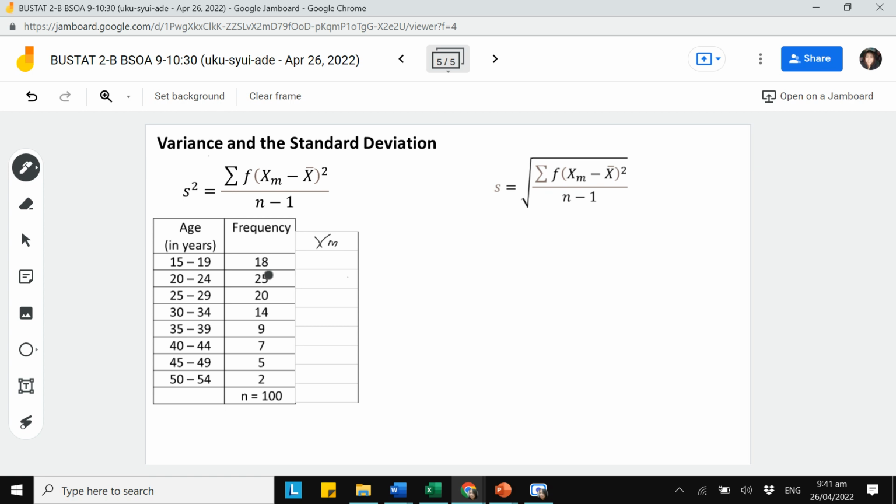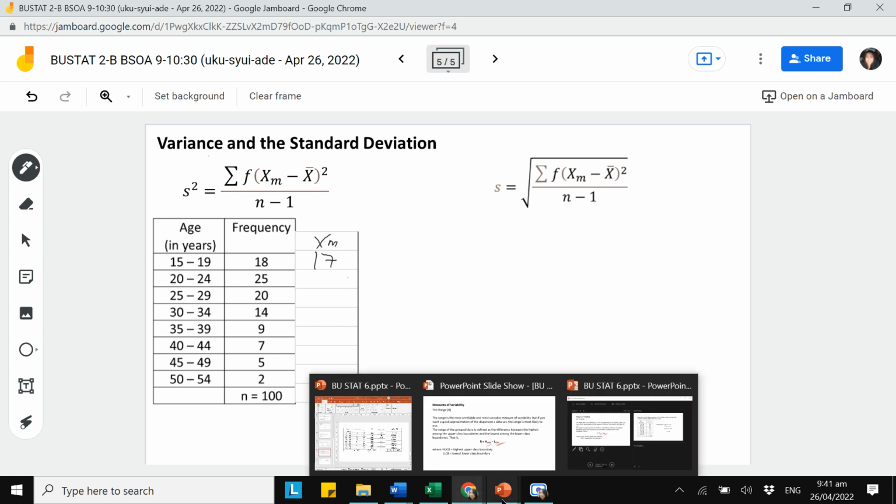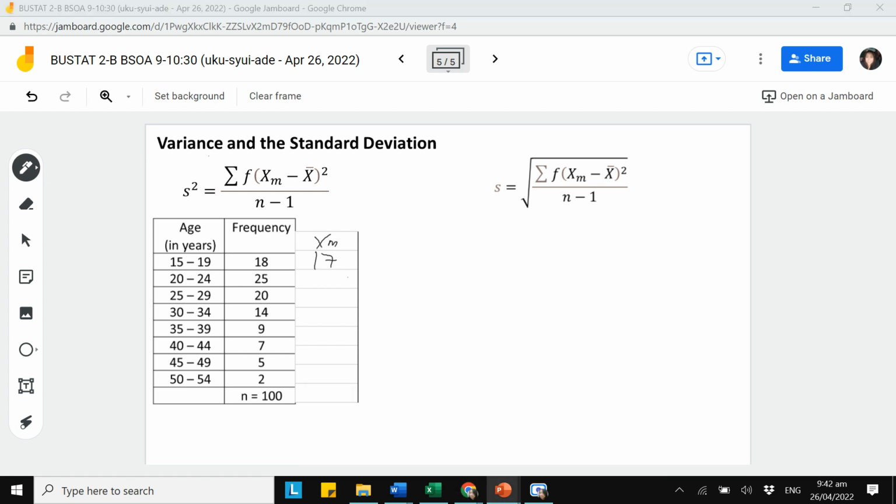17 po. 17. Okay, next. Emilia, what's the next class size? May 0.5 ba tayo, Razel? 20 to 24.